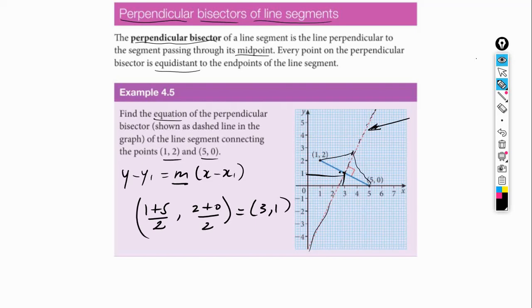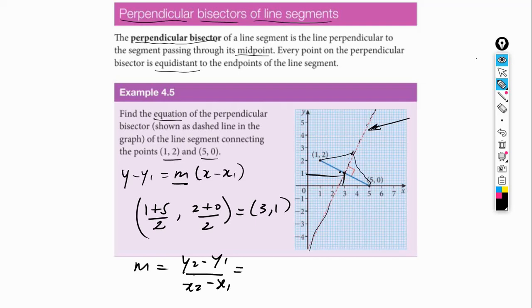Okay, now we need the slope. But to find the slope, we need 2 points. But what we can do is find the slope of the line segment and then find its perpendicular, right? So the slope is going to be difference in y over difference in x.